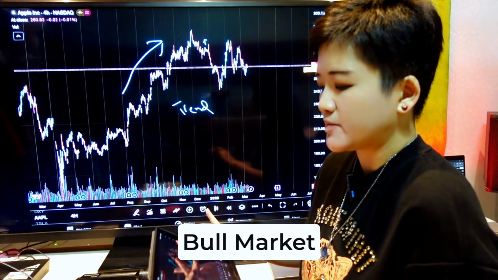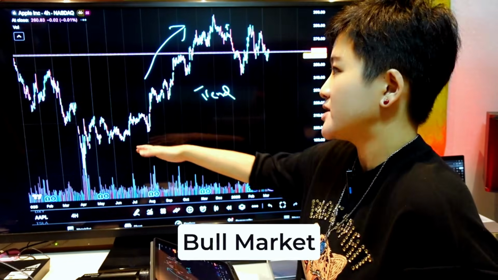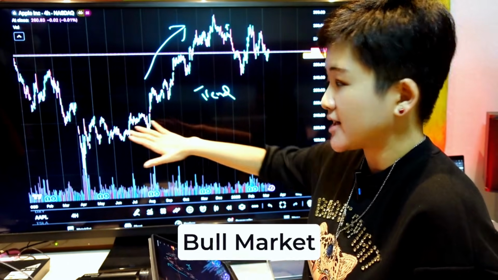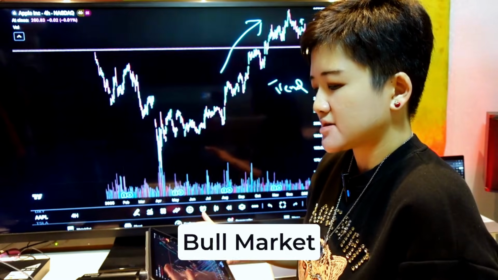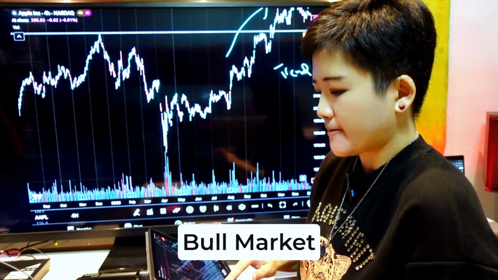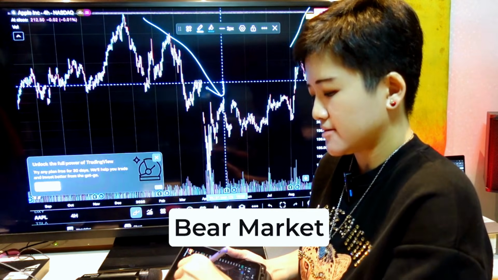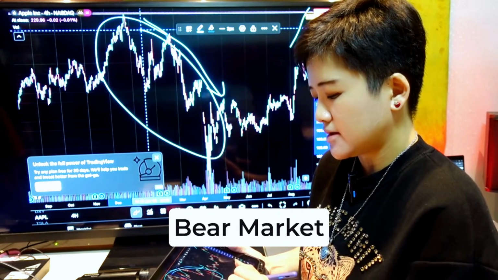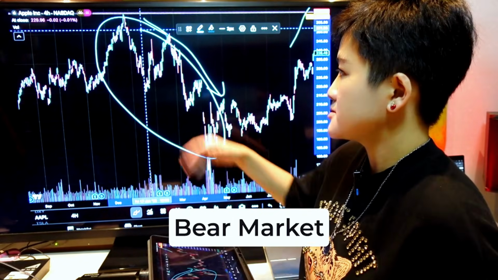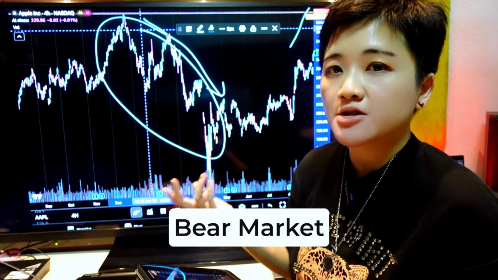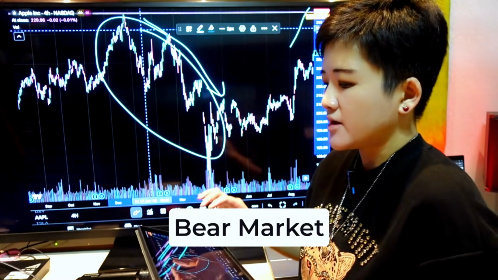When a lot of people say, oh, this is a bull market, it means it's going up, simple as that, a nice uptrend like this. Whereas a bearish market would be your bearish trend. It's facing downwards. So you would look for short selling in this type of market.